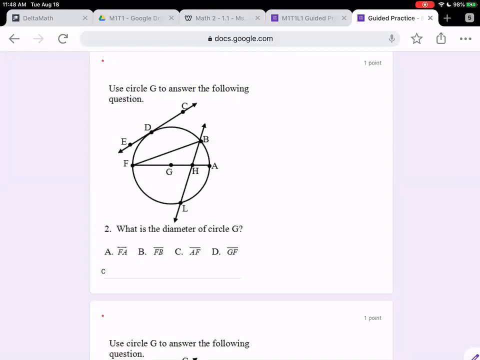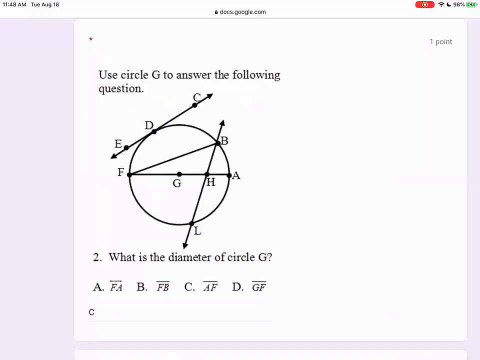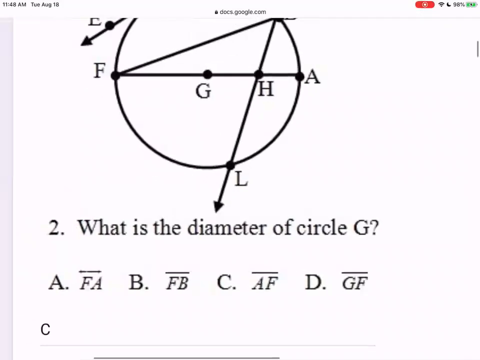Okay, I'll just go over the answer again. So the answer is C, to talk about the line AF, and it's AF because you want to start at point A and you want to end on point F, and you want to specifically end at those points that go across the entire circle and through the center. So that's the diameter. Starts at one end, goes through the center, and ends on the other end in a straight line.